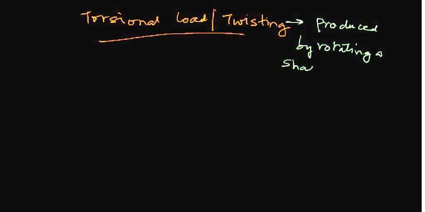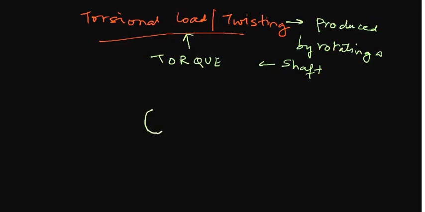And when you actually rotate a shaft, you are applying a torque. So when you apply torque onto a shaft, what happens? It comes under torsional loading. If we have to visualize it, let us take a shaft, and this shaft is of a circular cross section.